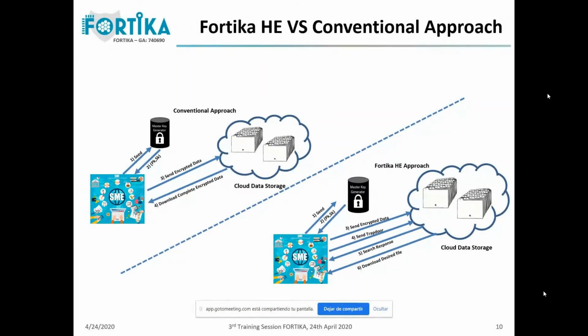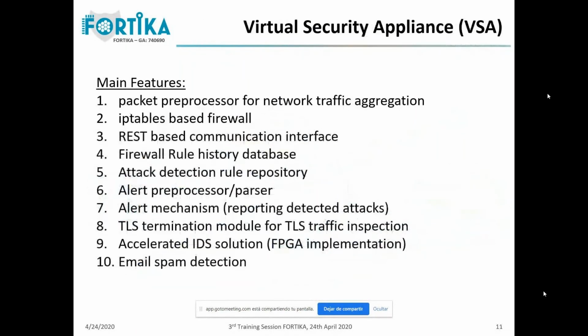This slide explains the difference between homomorphic encryption and the conventional approach. The conventional approach needs to encrypt and decrypt the data, while the homomorphic encryption solution enables searching data in an encrypted domain using a key or a string, and it's not necessary to decrypt all the data to make a search.